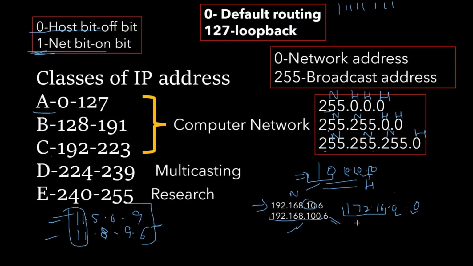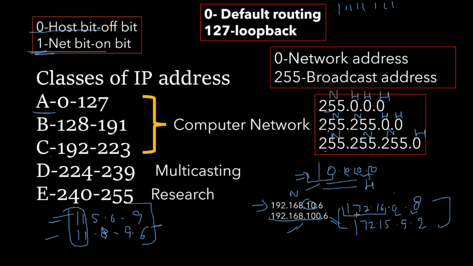And same, if I write here 172.16.9.2 and here 172.15.0.8. Now, these two IP addresses, are they same or different? Different. They are class B. In class B, we have to check the starting two fields.